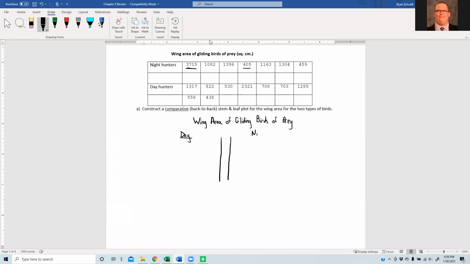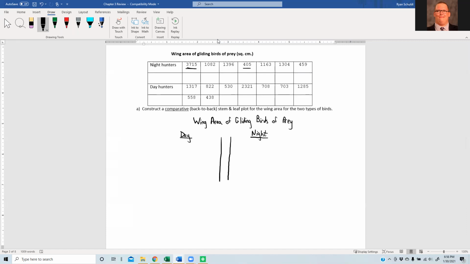And let's put night. Because for night hunters, we're gonna have 2 with no thousands, 3 in the thousands, and 1 in the 3,000.